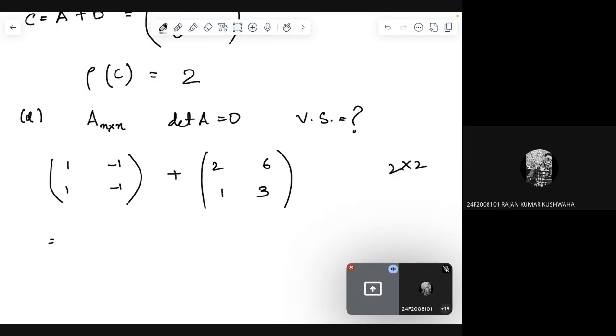We can take 3 by 3 case, any n by n case we can take, right? So here when we add them, we get 3 5 2 2, and the determinant is clearly not 0. Yeah, 6 minus 10 is minus 4.